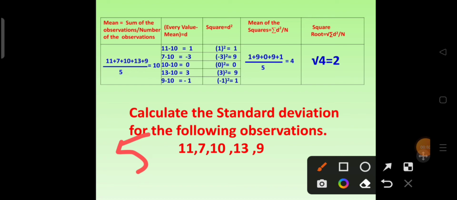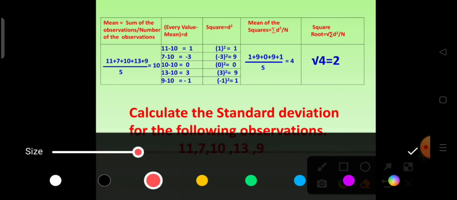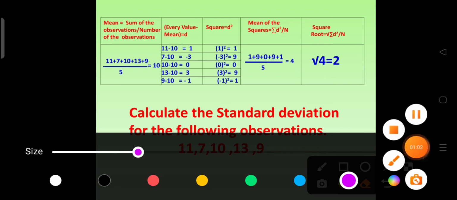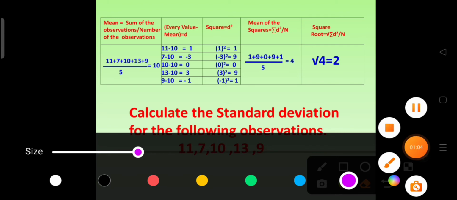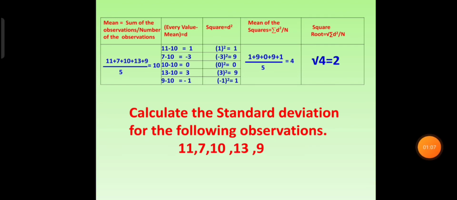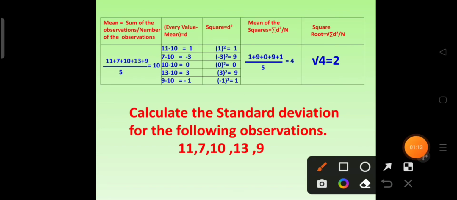The first step in the calculation of the standard deviation is the calculation of the mean, and we know how to calculate the mean of the given observations. Here mean is defined as the sum of the observations divided by the number of the observations.